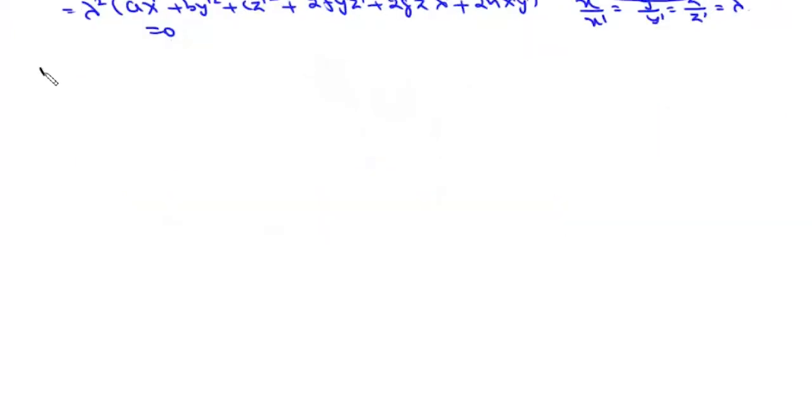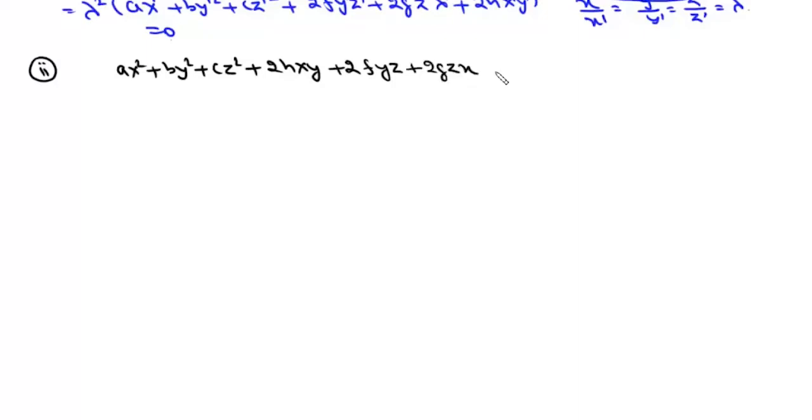Now the second result that we'll prove here is, if we have the equation of a cone passing through origin, which is ax² + by² + cz² + 2hxy + 2fyz + 2gzx = 0, and we have a generator whose direction ratios are l, m and n, then the direction ratios of this generator will satisfy this equation.